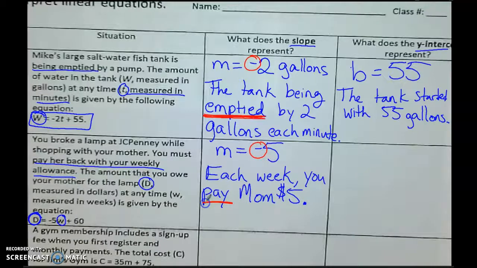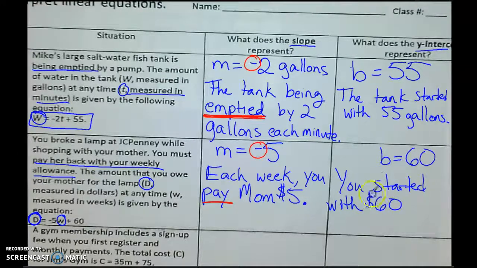Because we're paying it, that's showing that it is a negative. Now, our B, in this case, B equals 60. Well, that 60 is what you started with. So, you started with $60. Okay.